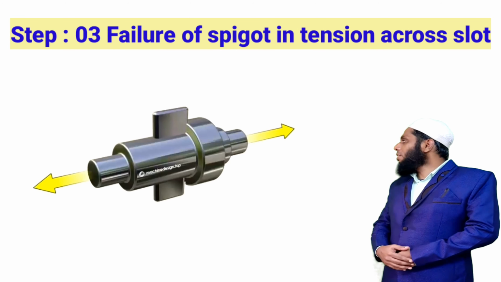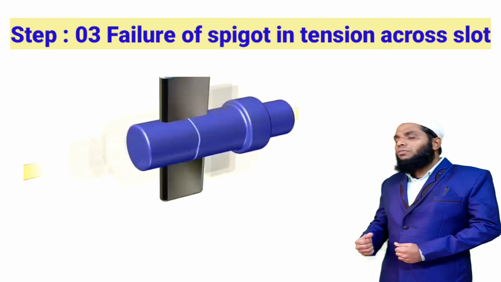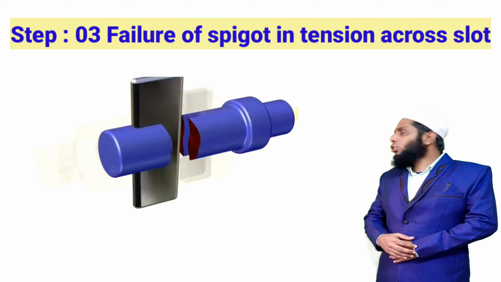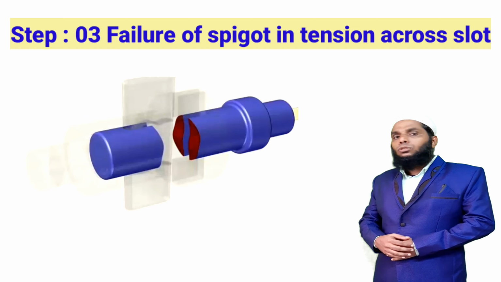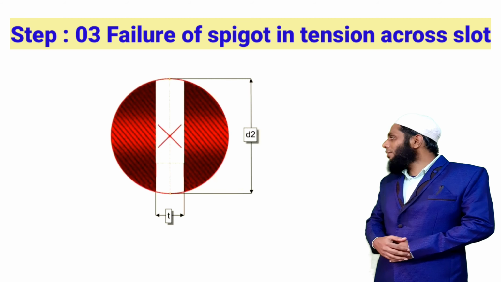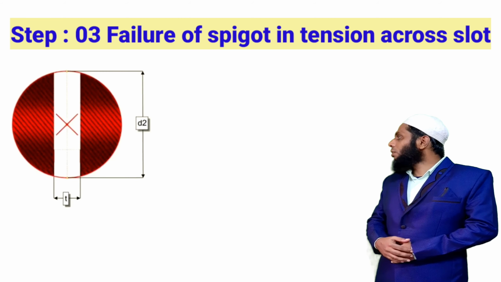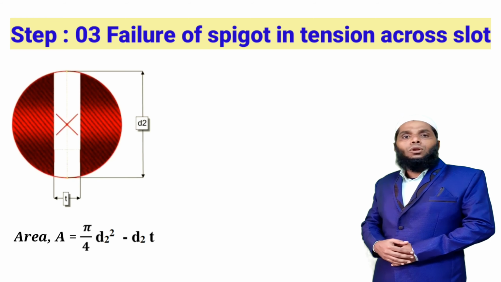So step number 3 is failure of spigot in tension. Because of tensile load P, the spigot is going to fail at the slot. So that cross section you can see here. This is the cross sectional area, which is equal to the outer area minus the area of this rectangular slot.